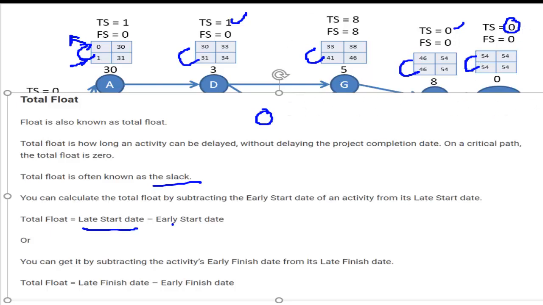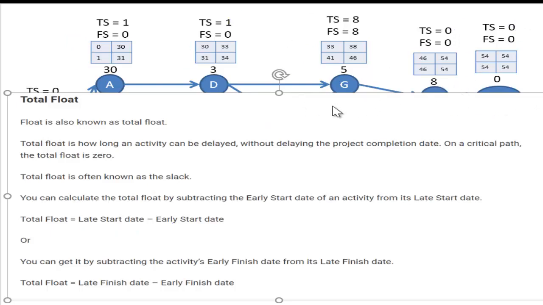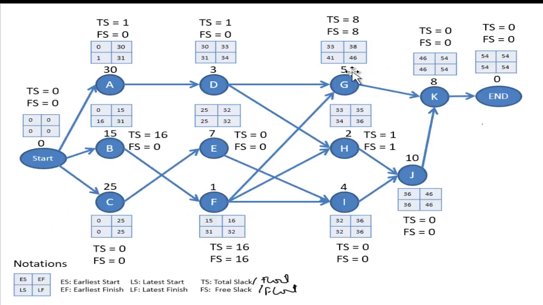So if I calculate all of this, let me now delete this. I am actually subtracting the earliest start from the latest start. 16 minus 0, so 16. 25 minus 25, that is 0. 34 minus 33, 1, and so on. 36 minus 36, 0. 32 minus 32, 0. 31 minus 15, 16. 0 minus 0, that is 0.